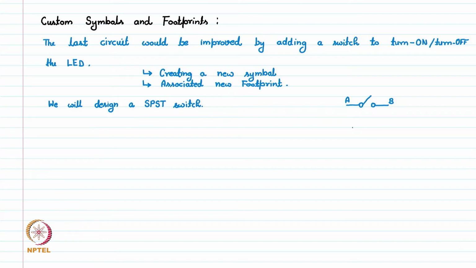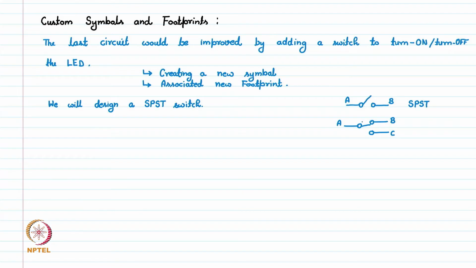If we have single pole dual throw, or SPDT, this switch is SPST. For example, if we want an SPDT switch, we have two connections. This is A, this is B and C. In this case, we will have this kind of arrangement.